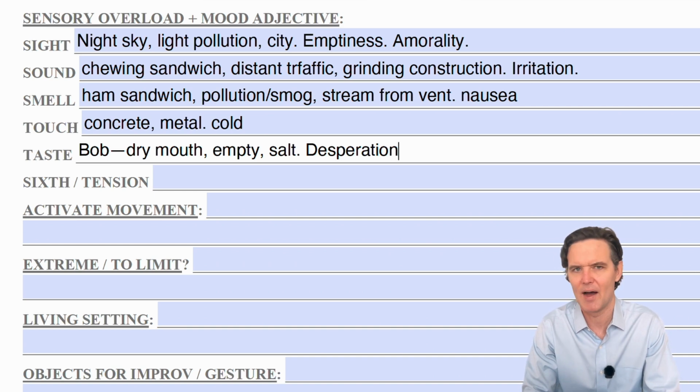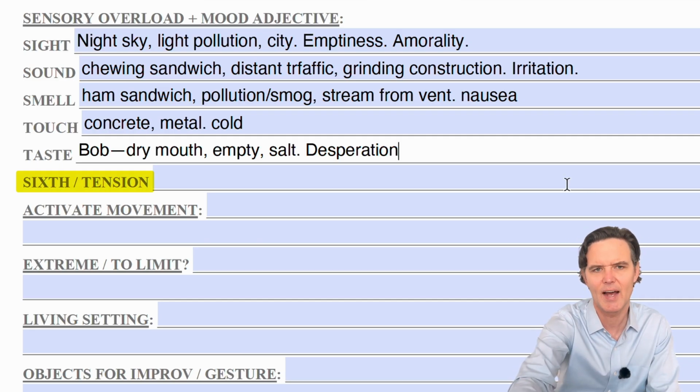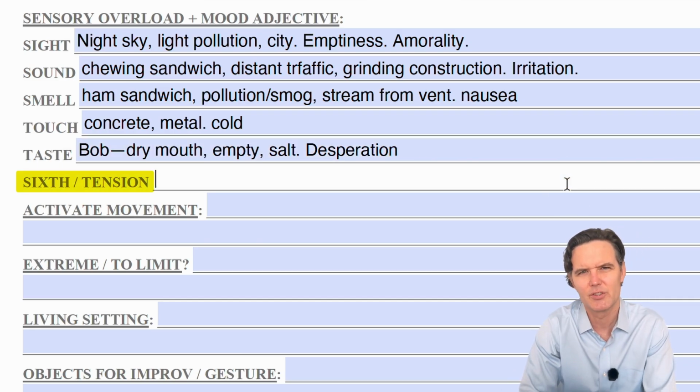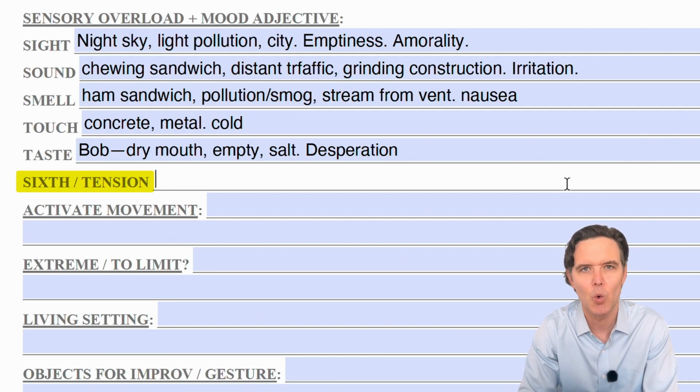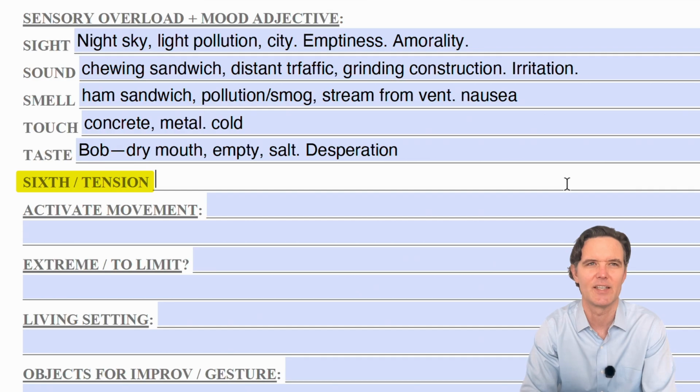So let's talk a little bit about sixth sense. I put this category in because even once you have a bunch of concrete things that you can draw on for a description, there still might be some extra je ne sais quoi in the scene that gives it a certain essence, you know? There's murder in the air here. I also combined it with this word tension just to remind you that beat by beat, it's better to have things be as tense as possible.